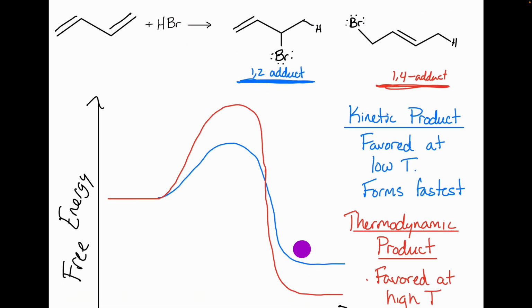Well, again, if we go back to our little graph here, now my marble's got a ton of energy, right? It can hop over either one of these activation energy barriers freely. Not only that, but every once in a while, it will hop over this smaller activation energy barrier here, because that's the product that forms the fastest, but it's got a ton of energy. It can also go back, and then the other way.